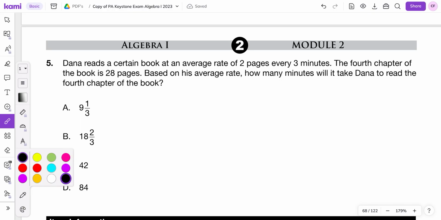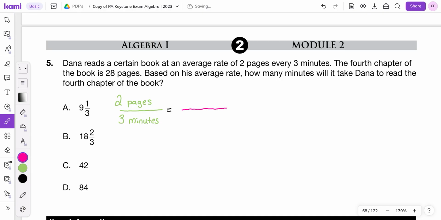Our first fraction is going to be related to our first part of the information, in which it was 2 pages every 3 minutes, compared to, we know that the 4th chapter is 28 pages, and we need to find the number of minutes. We don't know it, so we can put a variable there.